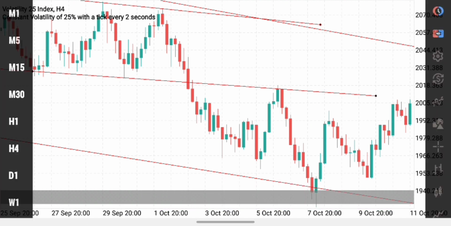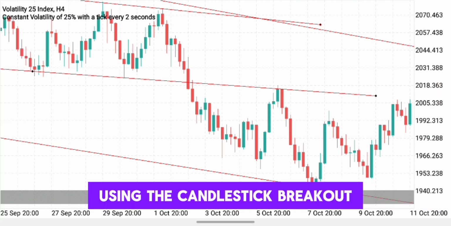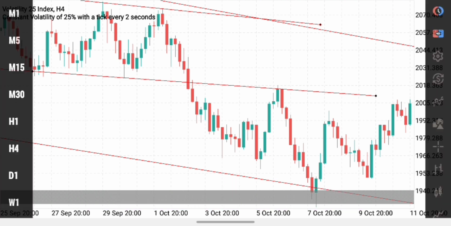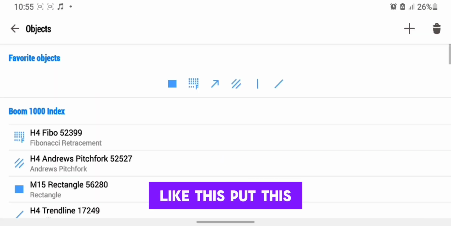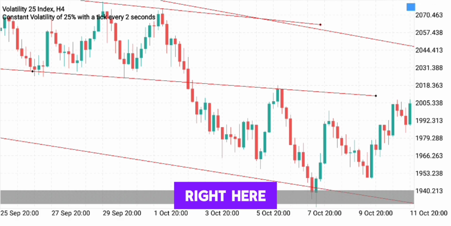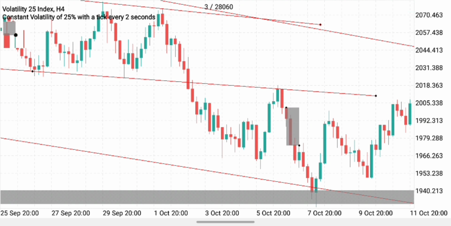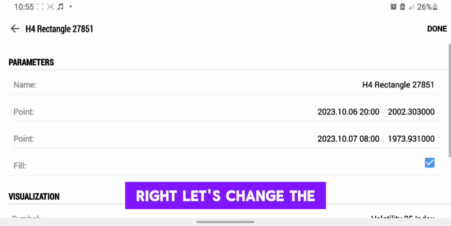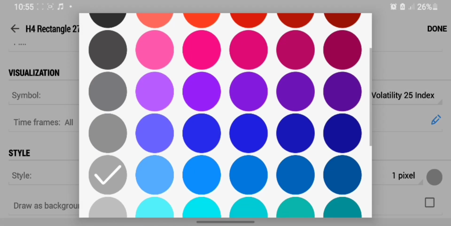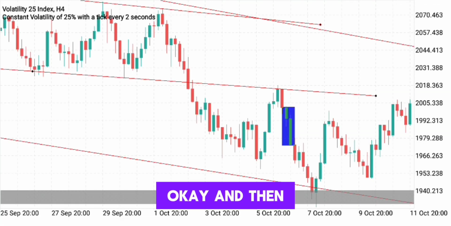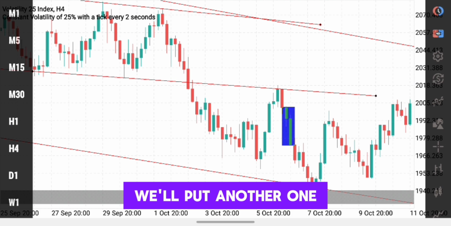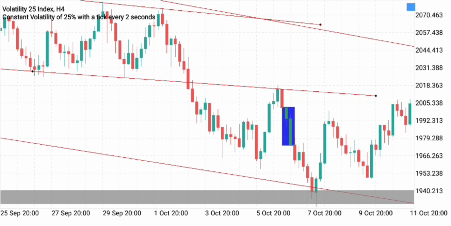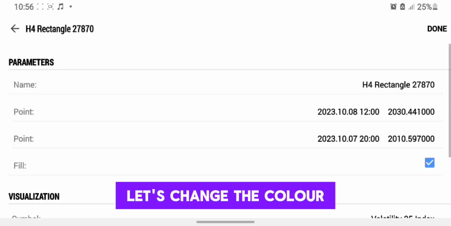So let me put the order blocks that show you when and where to enter the market using the candlestick breakout pattern. Like this, put this one right here. Let's change the color. Okay, and then we'll put another one. Let's change the color again.